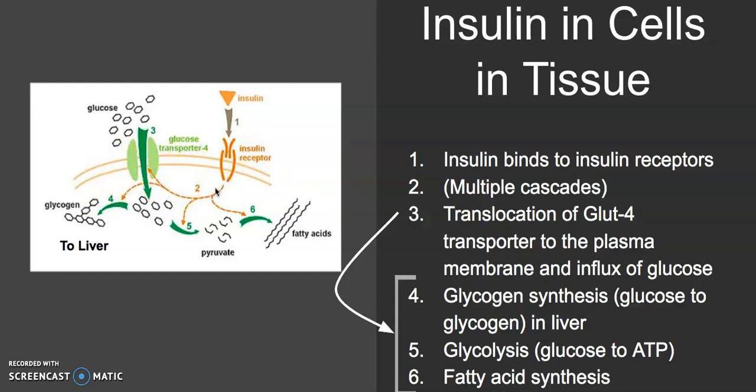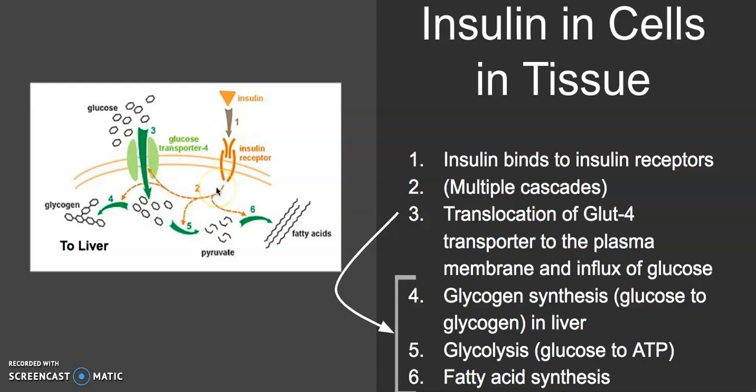These tissues could be anywhere in the body. They could be heart tissue, lung tissue, they could even be liver tissue or pancreas tissue. First the insulin comes into an insulin receptor, which is on the cell membrane of this cell, wherever in the body you want it to be.